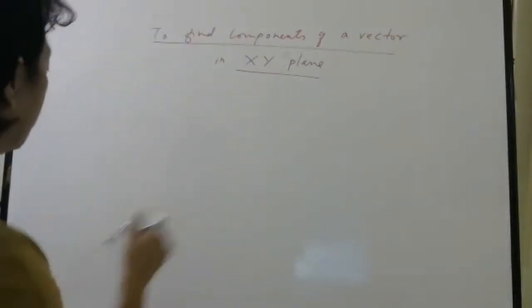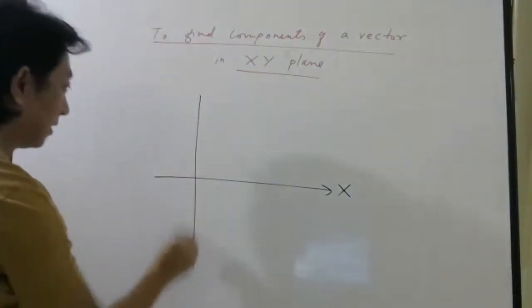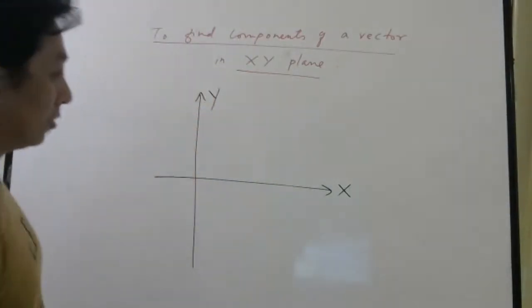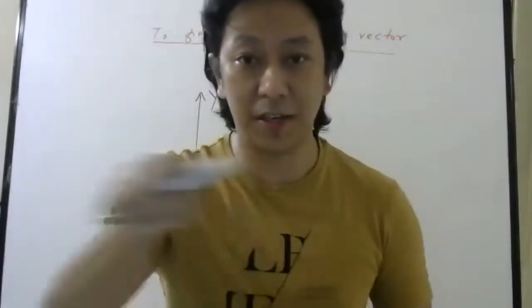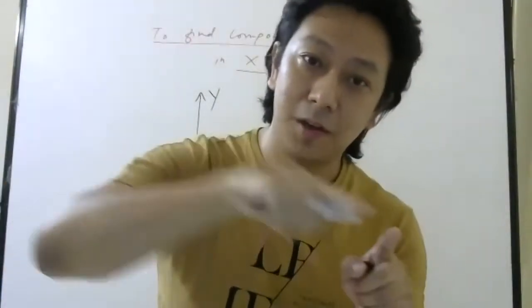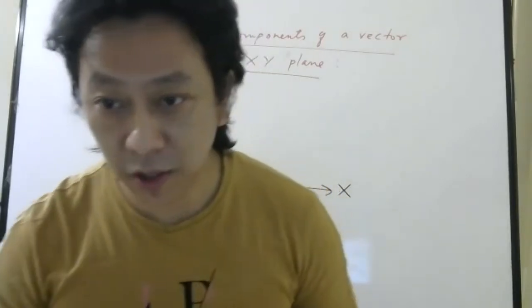Imagine this is your x-axis and this is your y-axis. Last class I told you x-axis can be anywhere. It doesn't have to be always horizontal. It can be here also. The only condition is x and y should be perpendicular.